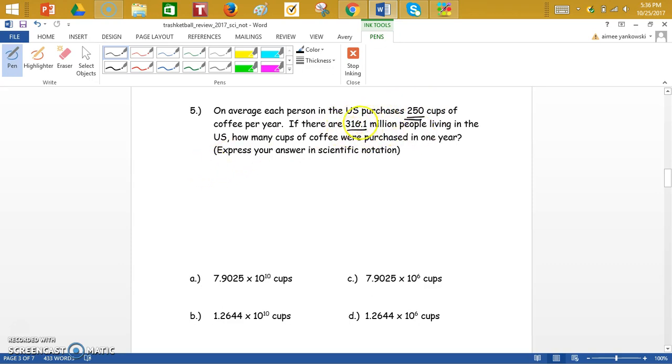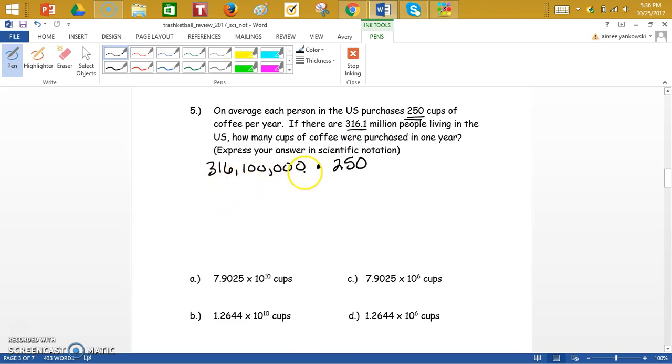So I believe if I want to write that out in standard form, this would be 316 and then 100,000. So 316 million with 100,000 is 316.1 million. And we would need to multiply that by 250 because each person purchases 250 cups. So we've got to multiply those.